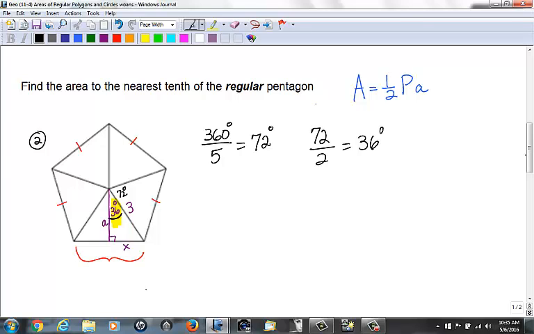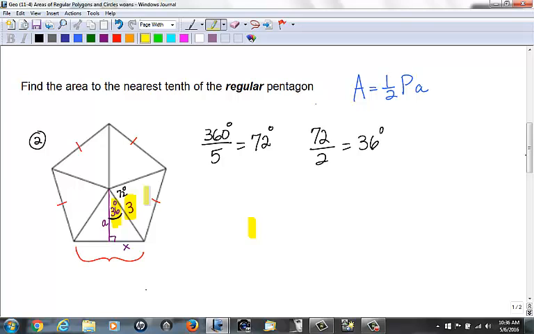Now we've got to figure A. This comes back to your trig. In terms of this 36 degrees, the given was that the value was 3 units. So I know the length of each one of these is 3. The hypotenuse in this right triangle is 3.